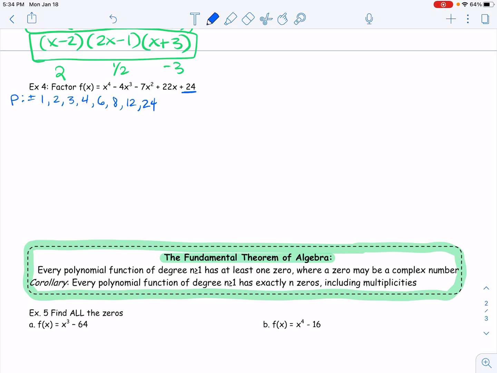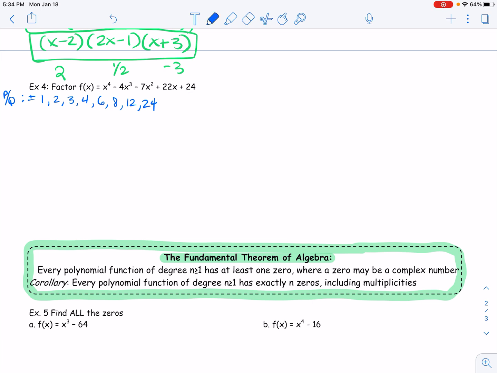Yeah, okay. So that's P. Q is just plus or minus 1. Thank God. Then that makes our P over Q very easy, because all of those P over Q values are just those numbers. So I'm going to erase this and put that this is P over Q. That's pretty cool. All right, so here's our list.